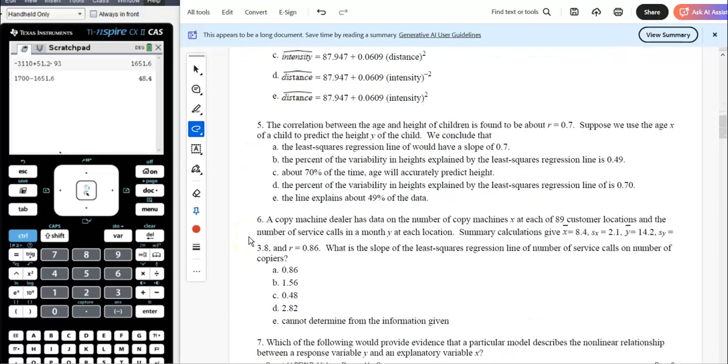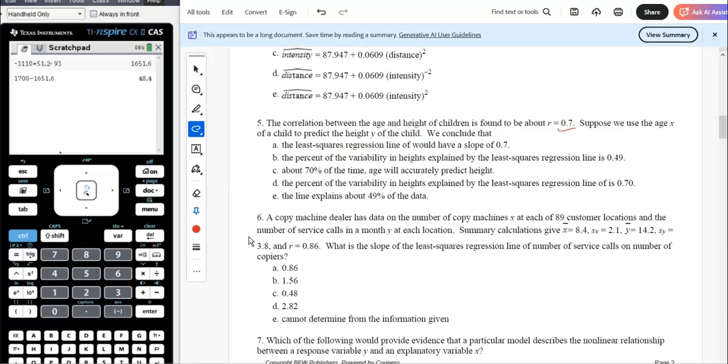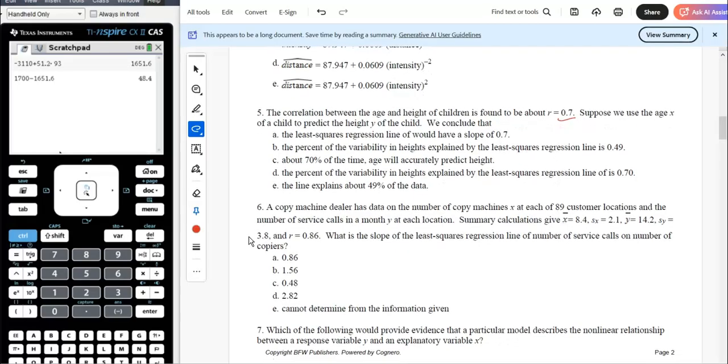Okay. The correlation between the age and height of children was about 0.7. So we know it's positive and moderately strong. Suppose we use age to predict the length. We can conclude that r squared, in my head, I think would be 0.49.